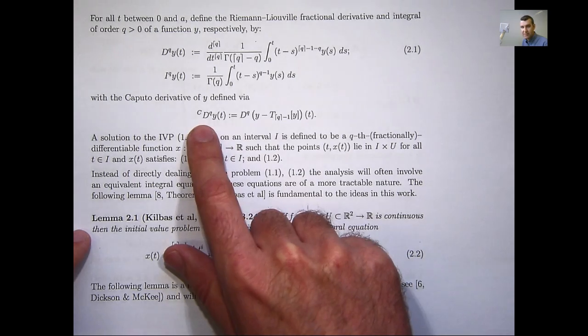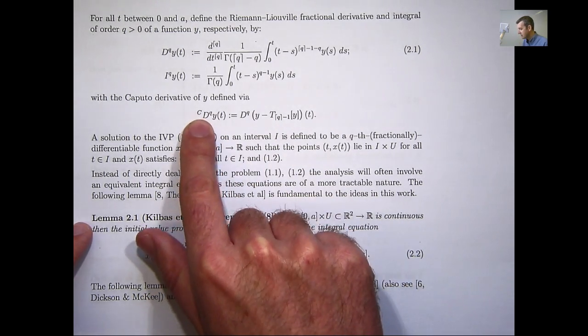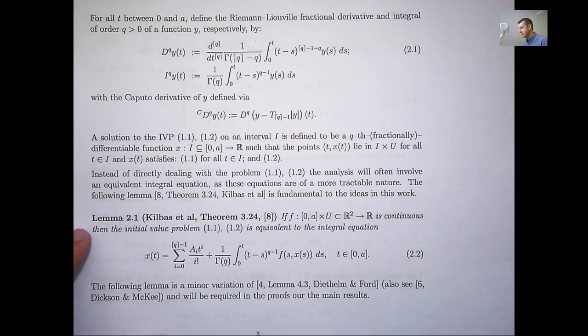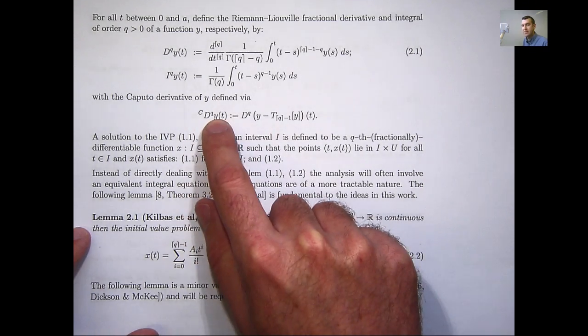Now, sometimes, just to save a little bit of space, this is written with this superscript c on the left-hand side of the D, and it's referred to as the Caputo derivative.